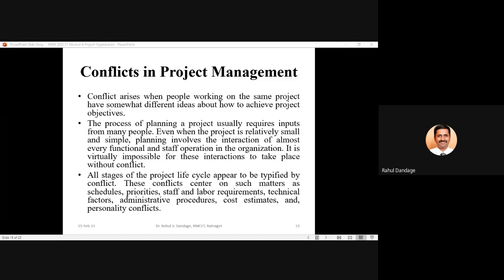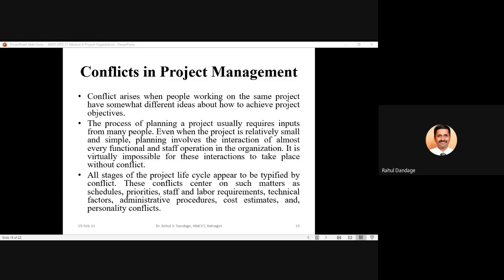You can also observe in day to day life, whenever you are planning something, and to plan it you take input from many people associated with that particular process, there will always be certain differences, there will be certain conflicts. It is not like somebody says something and everybody says yes, that is absolutely correct. Never, it will not happen.